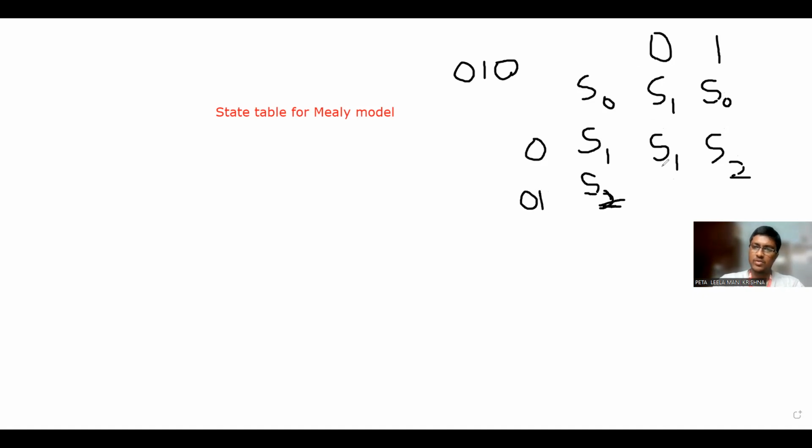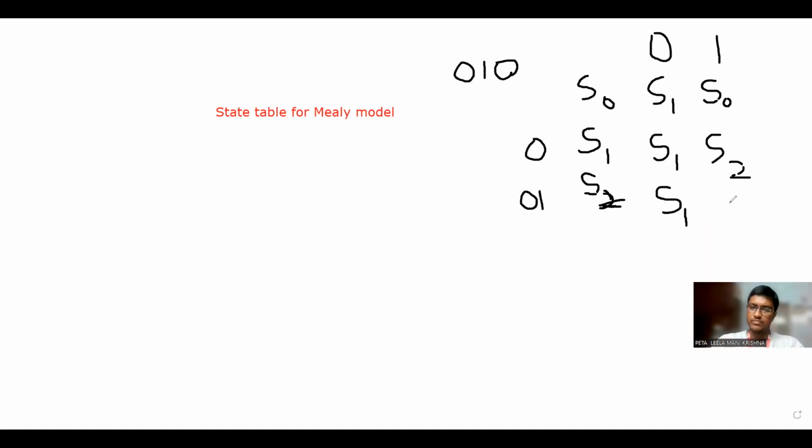And if the third bit is 0, we are considering overlapping, and it will move to the state S1. And if the third bit is 1, 0, 1, 1, the sequence is not matched, so it will move to the initial state. Only in this case, we get the output as 1. In all the remaining cases, we get output as 0.